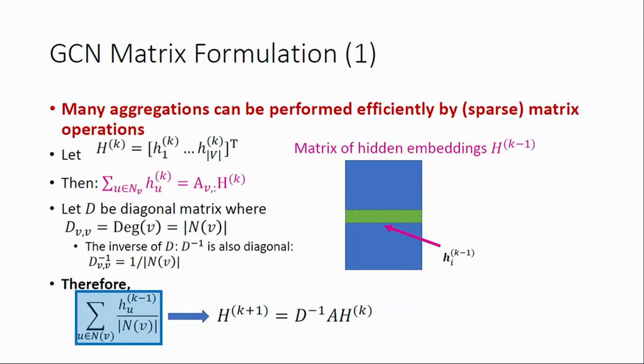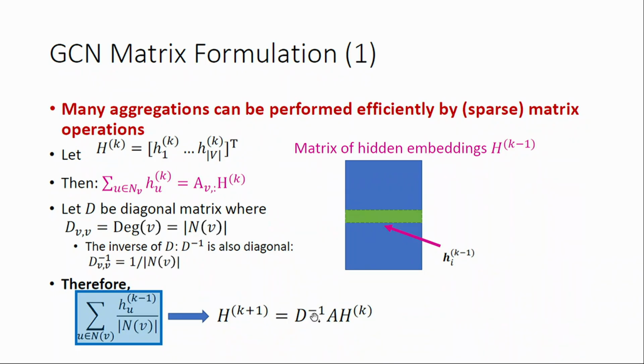It has 0 everywhere except exactly on the diagonal, where you have the number of neighbors. And you can easily see that this mean operation, where you need to divide by the number of degrees, can be taken as the inverse of this diagonal matrix D. So effectively, although this average operator looks kind of flexible for each different node, because you have a different number of neighbors at different nodes, you can actually write it down as a simple matrix multiplication between all the features, the adjacency matrix, and the number of degrees.